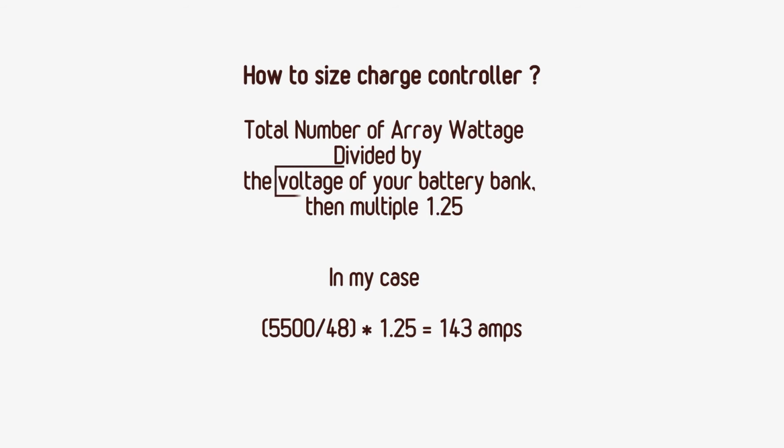The voltage is basically the force with which the batteries can take electricity. Wattage is voltage times amperage: the force of electricity times how big of a tunnel you have gives you wattage. So when you're sizing your charge controller, you're asking, all this electricity I'm generating, how quickly can I put it into the battery, right?